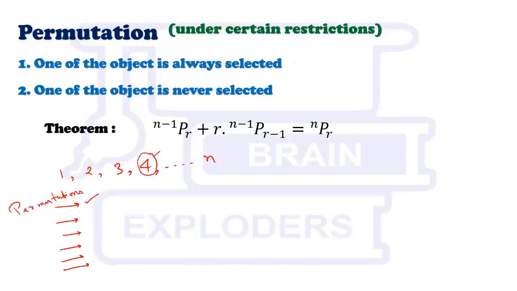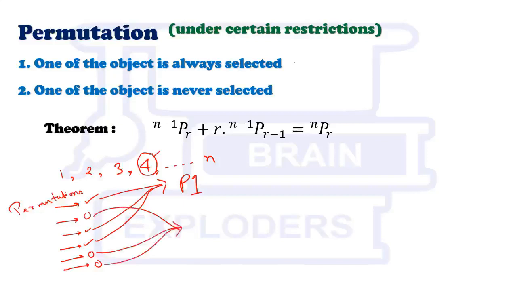Suppose we select those permutations in which 4 was available and put them in the category of permutation 1, or P1. Now select those permutations in which 4 is not available. Obviously, in all the remaining permutations 4 is not available, and put them in the category of P2.